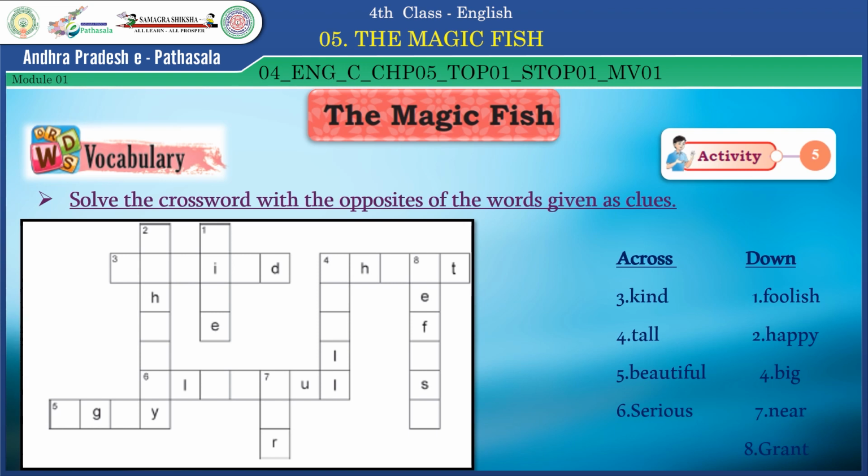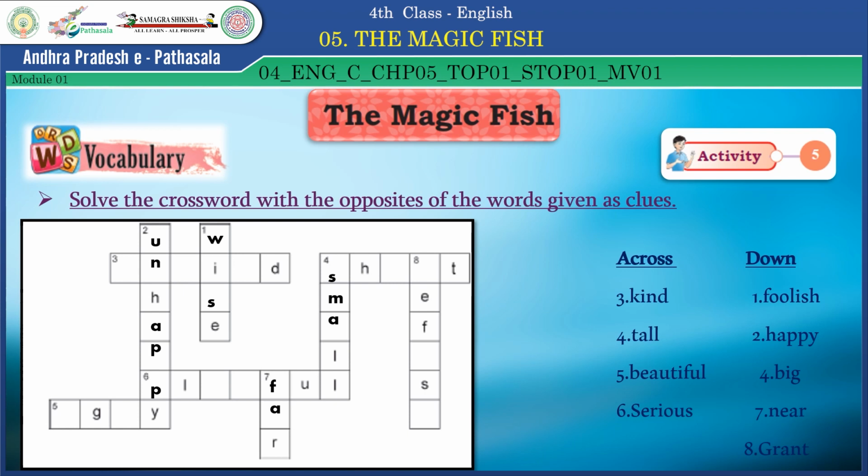You must start with downwards first and follow number sequence too. Foolish. Opposite is wise. Happy. Opposite is unhappy. Big. Opposite is small. Near. Opposite is far.